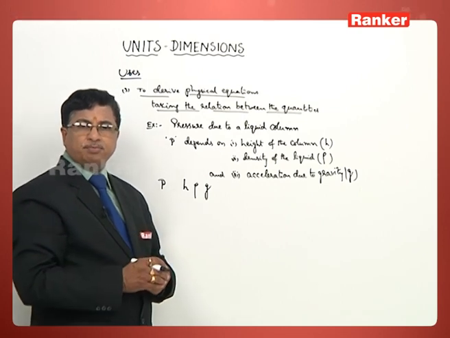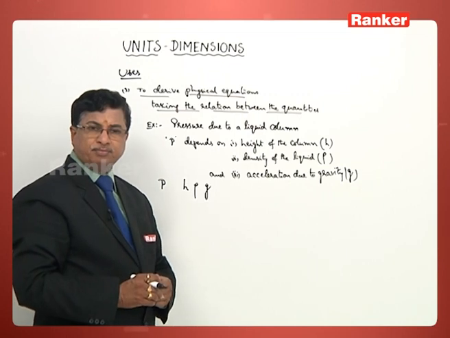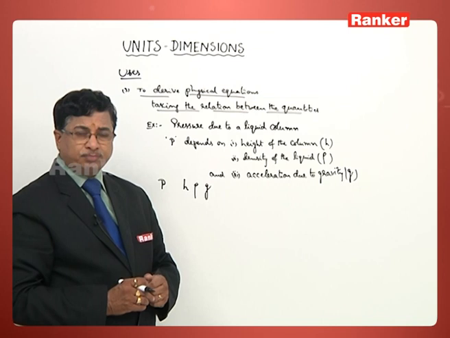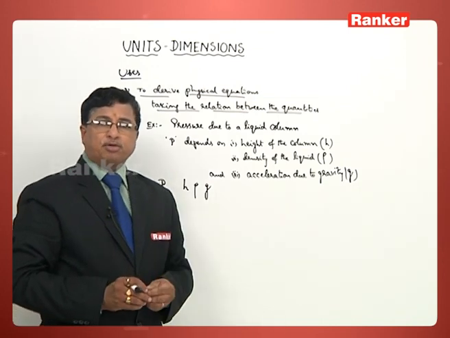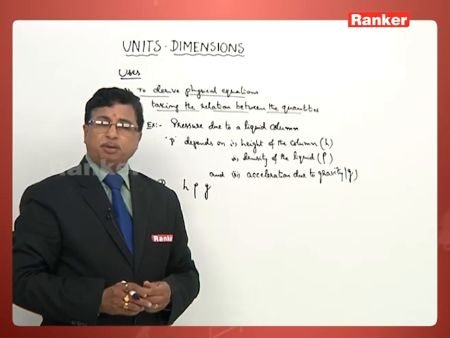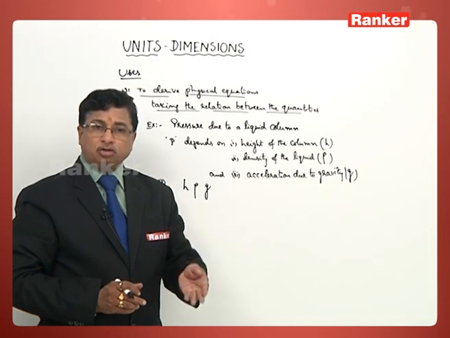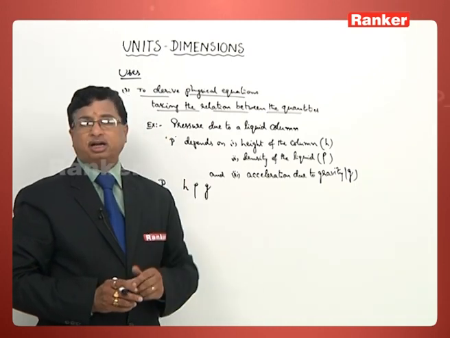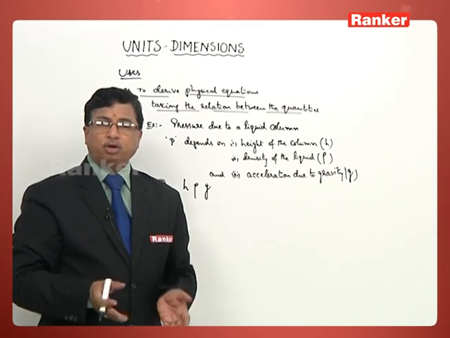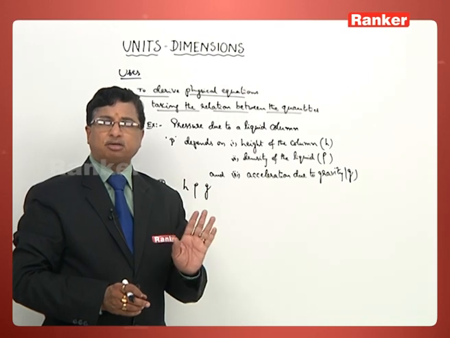Depending means it may be directly proportional to h, may be inversely proportional to h, may be directly proportional to square root of h, or to h cube or h to the power 4 or h to the power 1 by 4 or anything like that. But what exactly the relation is, we do not know. It simply depends on it, that is the statement mentioned.